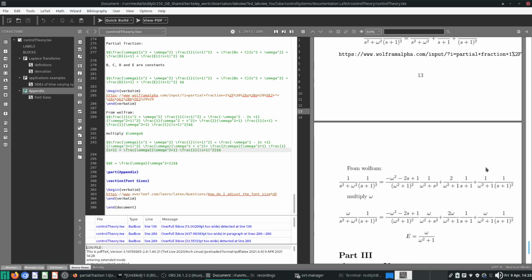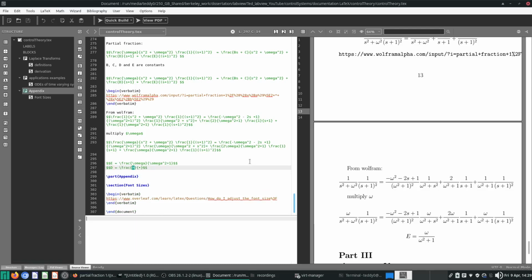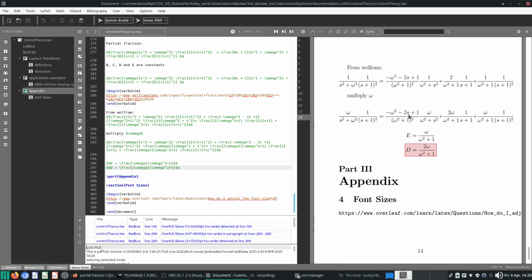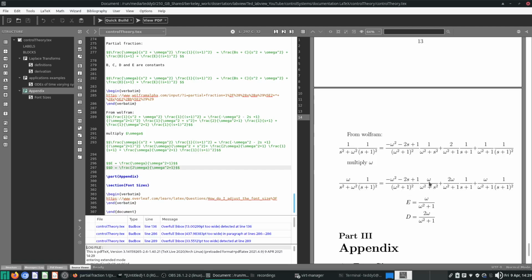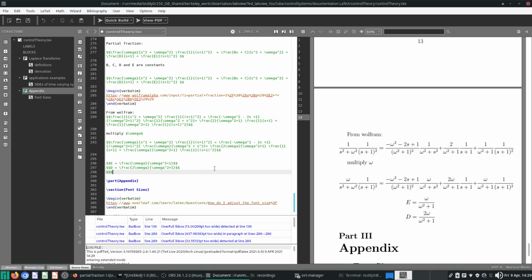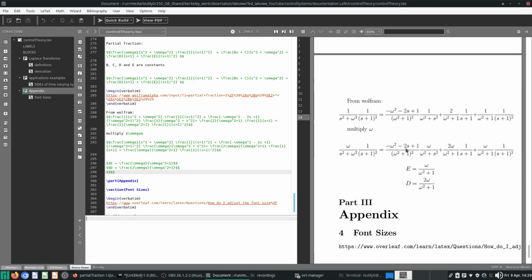So let's deal with e first. D will be this. D equals 2 omega over omega squared plus 1. That's D, and this whole thing here will be the bs plus c, so to speak. So what's the coefficient of s here?